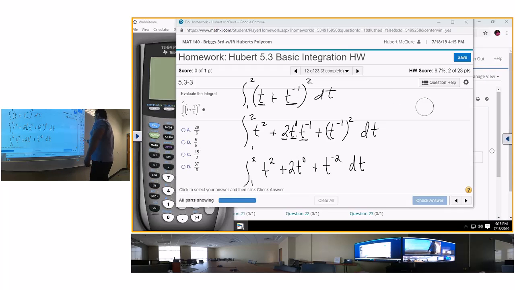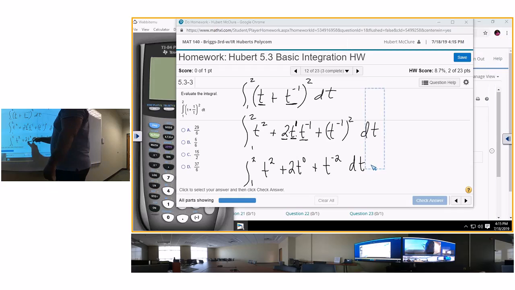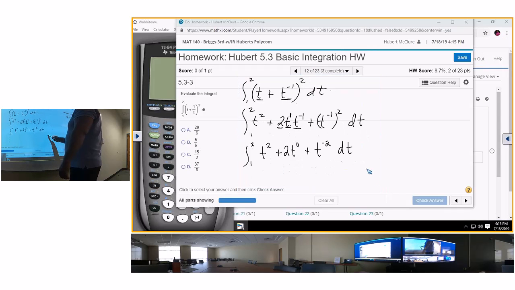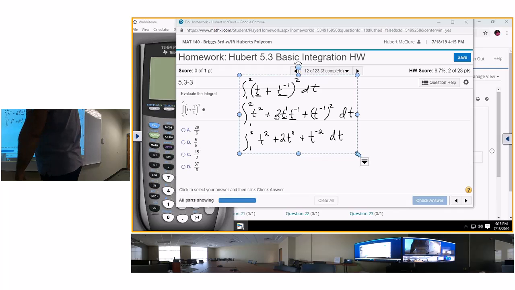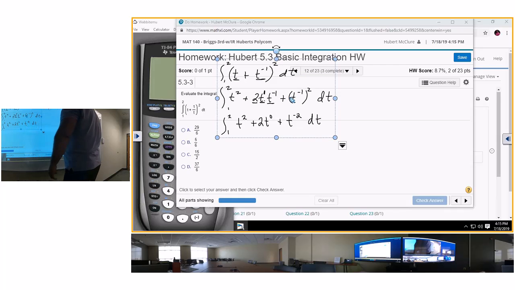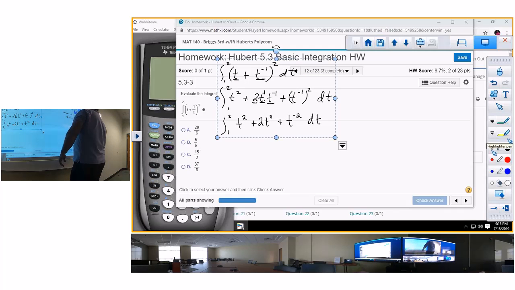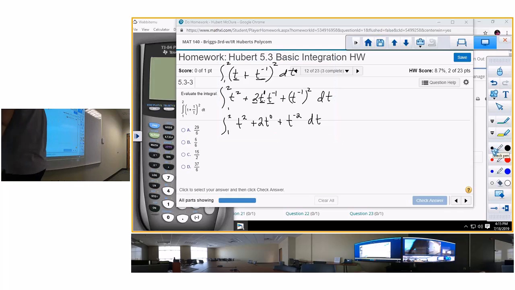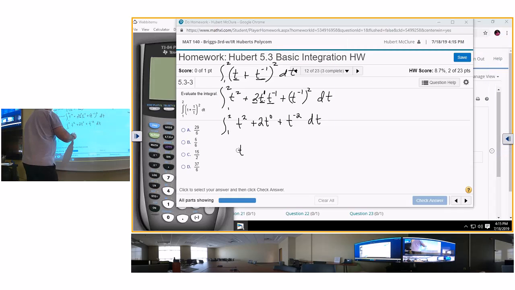So I'm going to make this small and move it. And now the antiderivative of t squared is t to the third over 3 plus 2t to the 1 over 1.